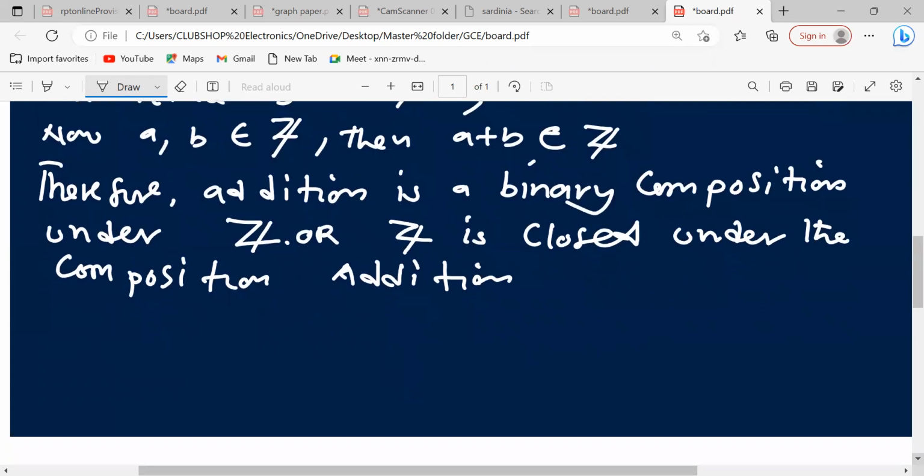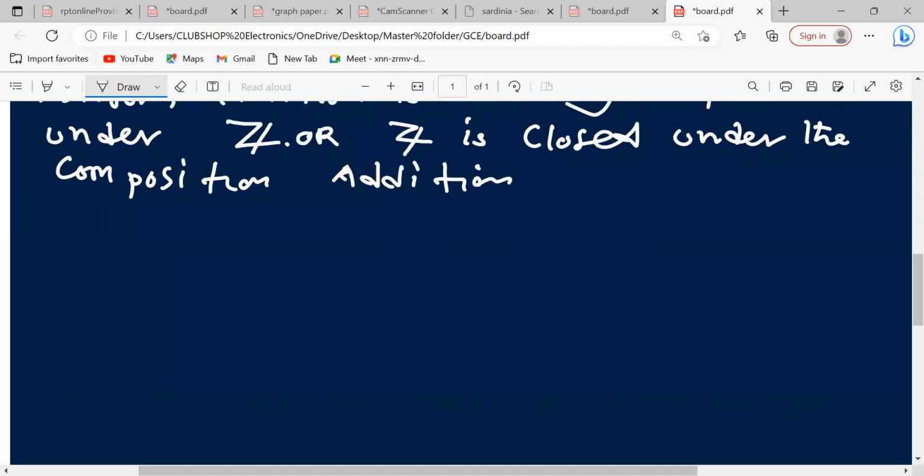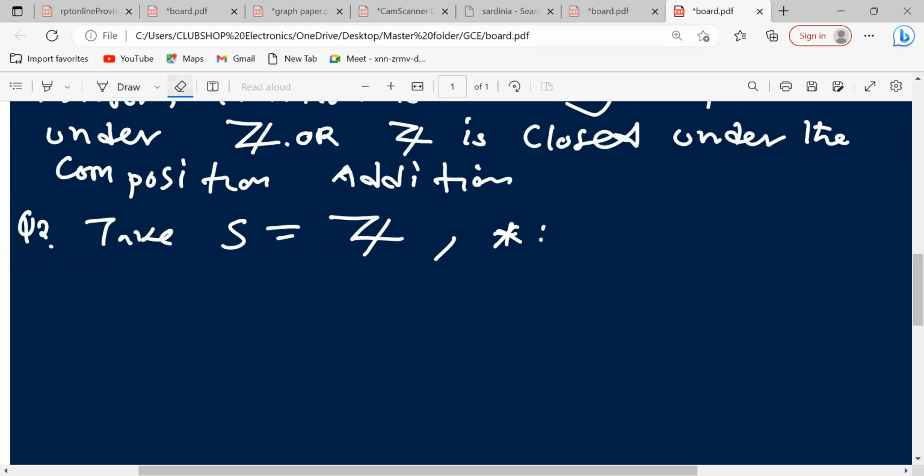We can take another example. Question 2. We take S to be Z, the set of integers again, and in this case, we take our operation to be subtraction.